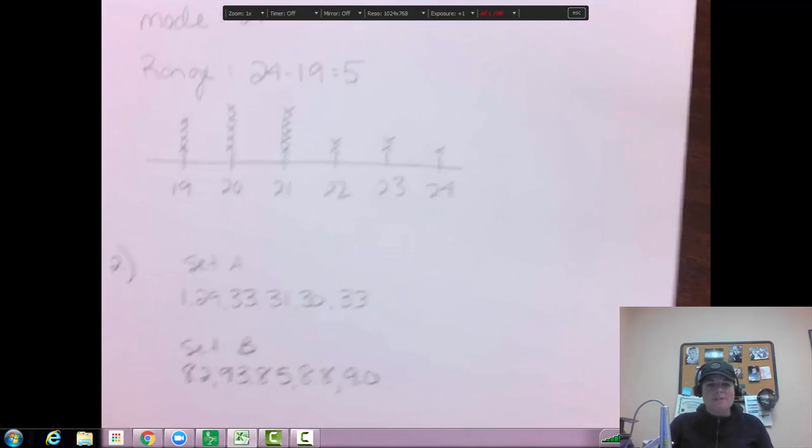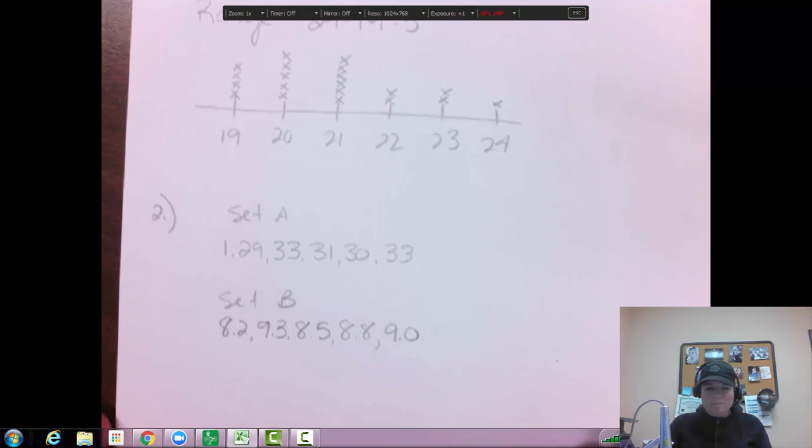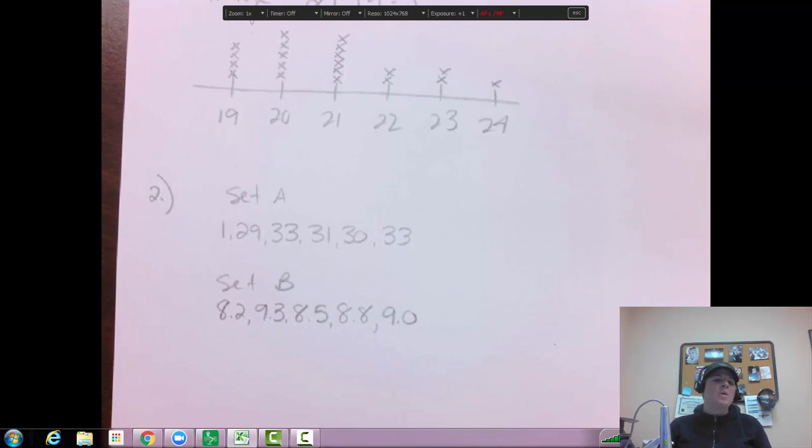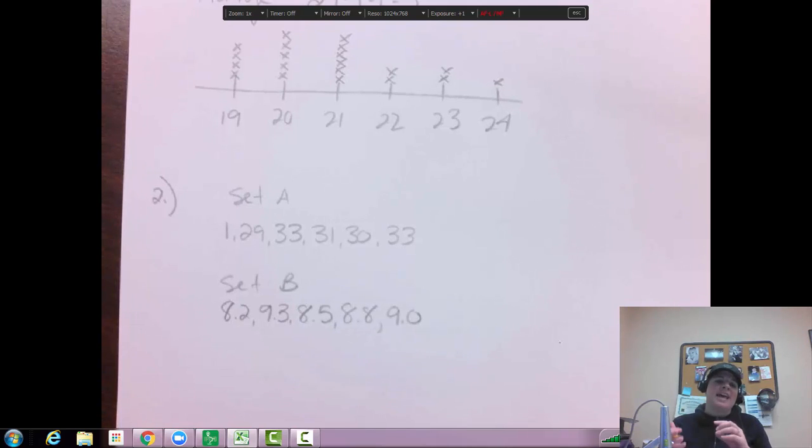So I have 2 different sets of data here. And I want to know what you should use for set A and set B: mean, median, or mode. So you should be able to look at this data and tell me which central tendency is the best choice.